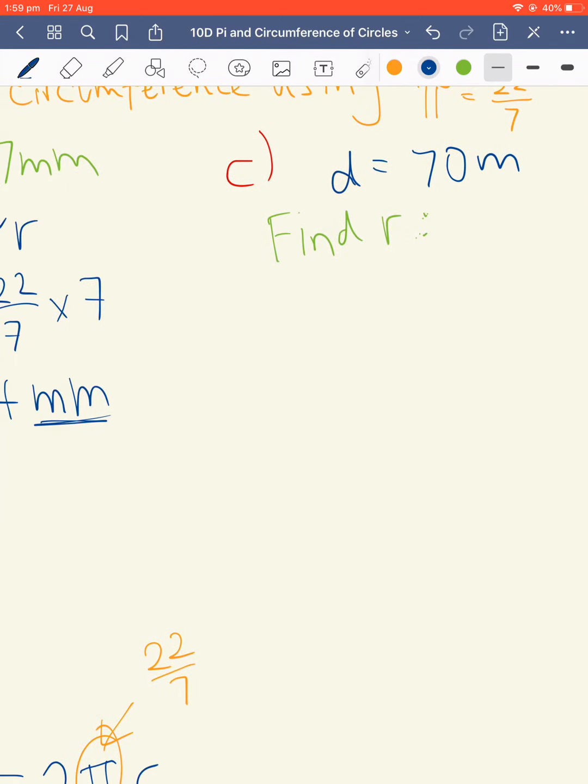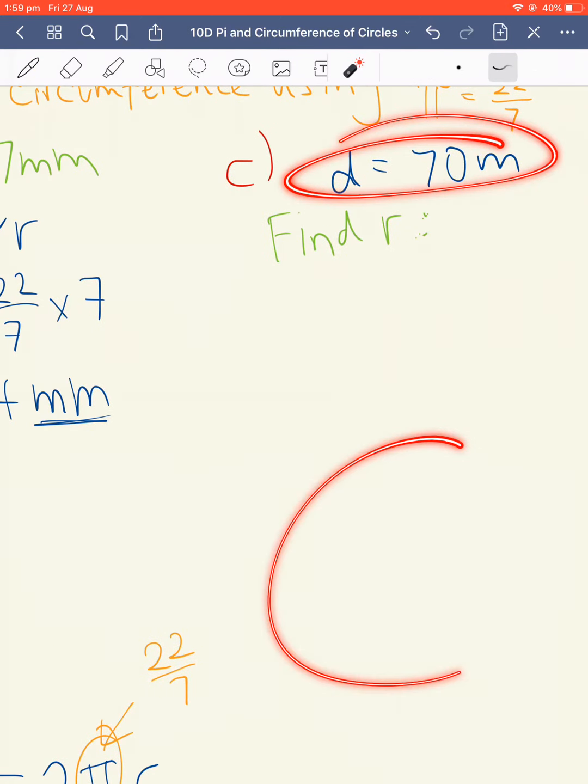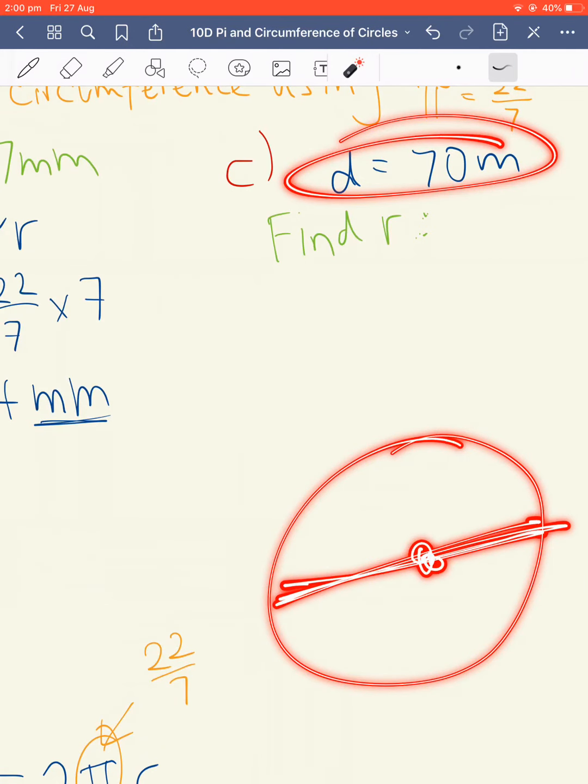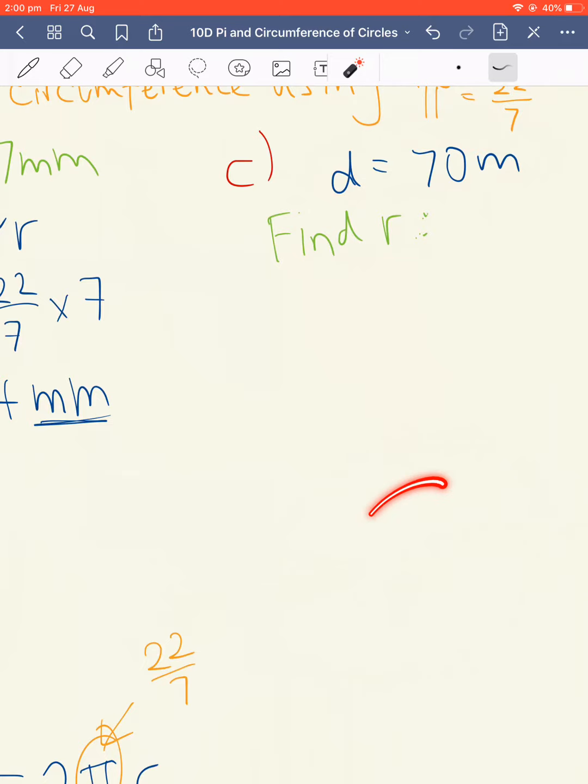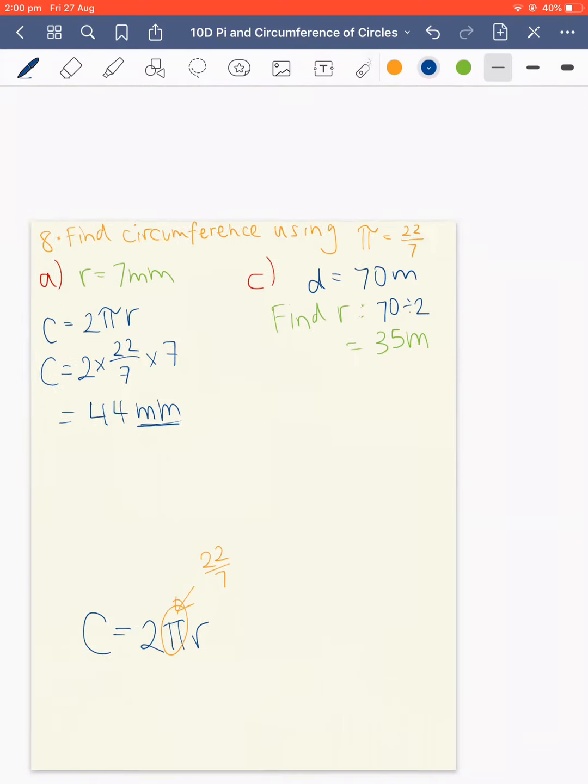Next one, I have a diameter. Again, a diameter is through the entire circle, through that midpoint, whereas we only want to have a radius. So let's find the radius first. To find our radius, we divide our diameter by 2. So our diameter now turns into our radius of 35 meters. I can now plug it into my formula.